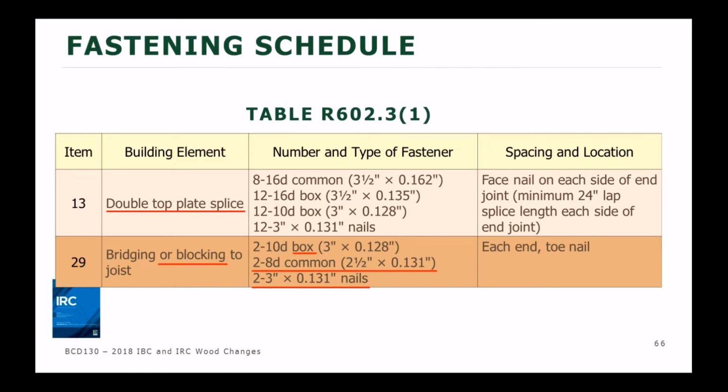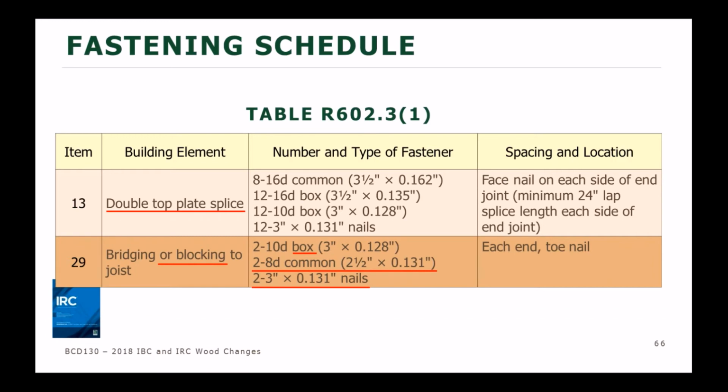So for our fastening schedule, there were only a few updates this round, and for those of you who aren't familiar with conventional wood construction in the IBC or the IRC, what we've had happening the last couple code cycles is that the description of nails has become more precise, and as we've merged the information in the IRC and the IBC, we actually have more options for those nails.